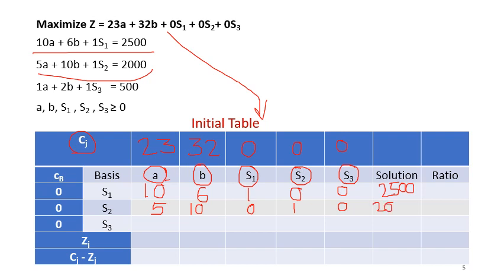So that will be written in the solution, 2000. Similarly, the third constraint: 1a plus 2b plus 0s1 plus 0s2 plus 1s3 will be equal to 500. So this is how you enter.